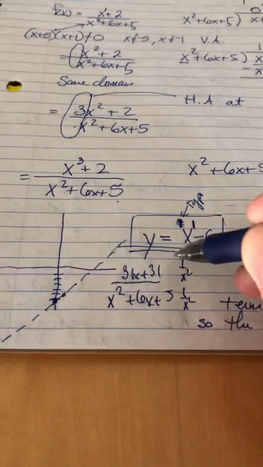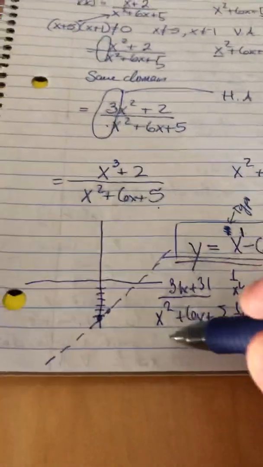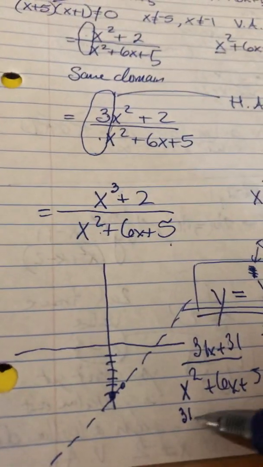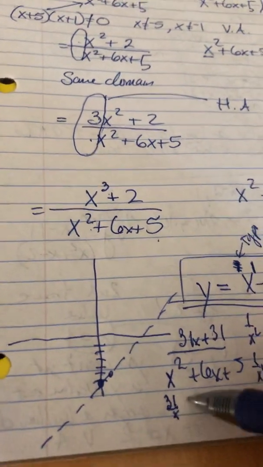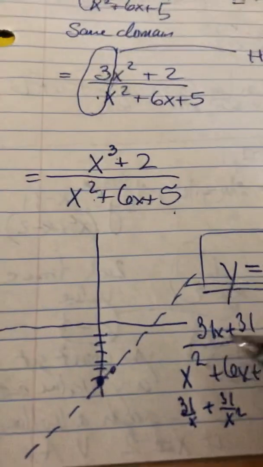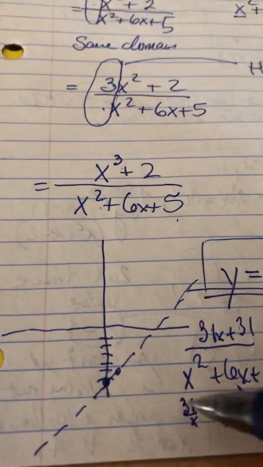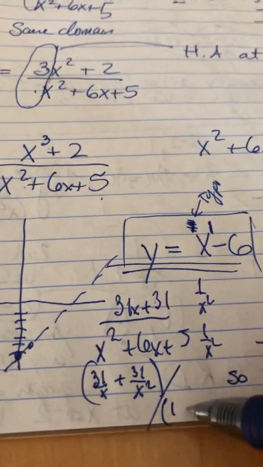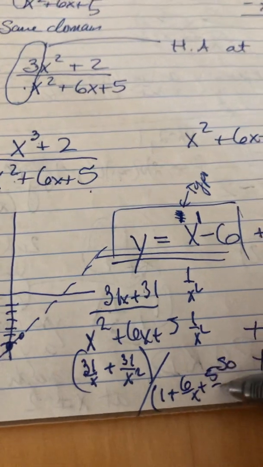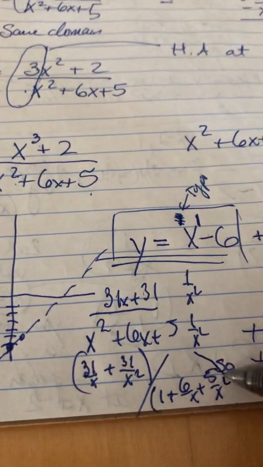And if I distribute it through the top, now give me a second, I'm going to write this carefully. It's 31 over x plus 31 over x squared. And what happens is your x's cancel. Well, that's the numerator. The denominator becomes 1 plus 6 over x plus 5 over x squared.